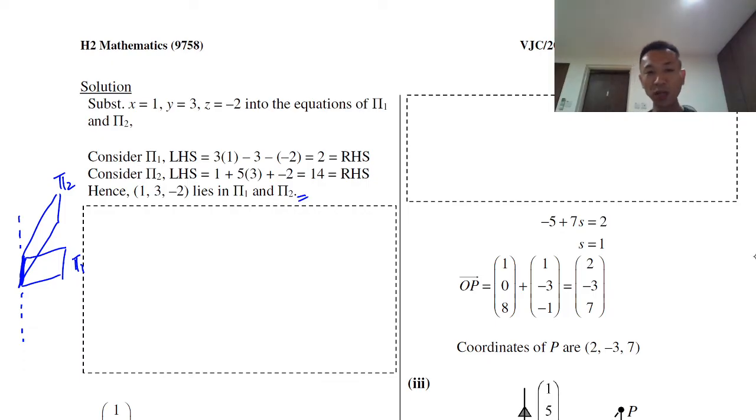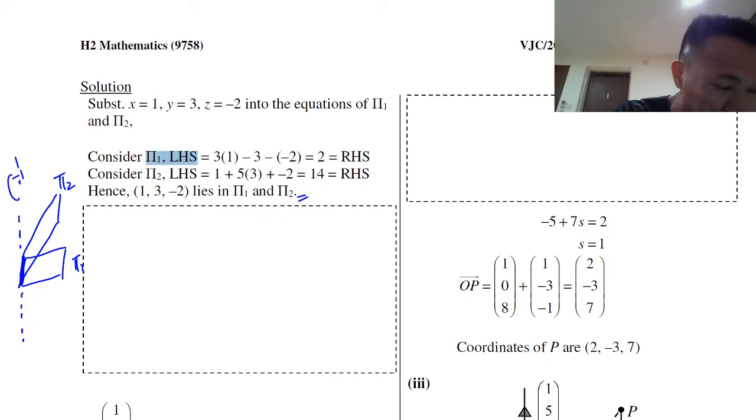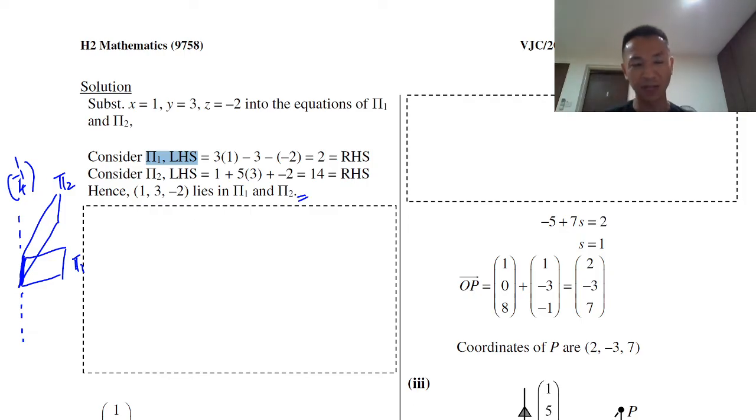You want to show that this line of intersection is parallel to (1, minus 1, 4). Essentially, you want to show that the direction vector of the line of intersection is (1, minus 1, 4). Right? Yes, the direction vector of the line of intersection L1 is (1, minus 1, 4).